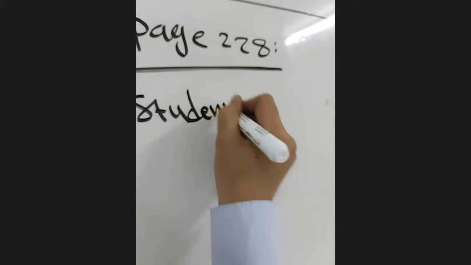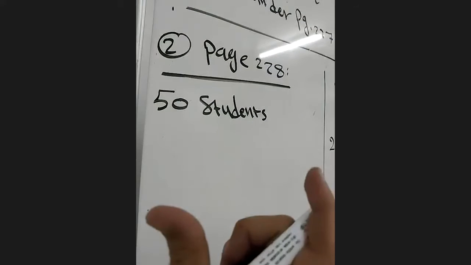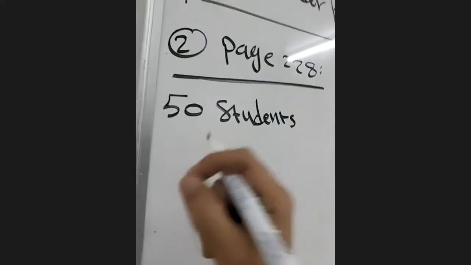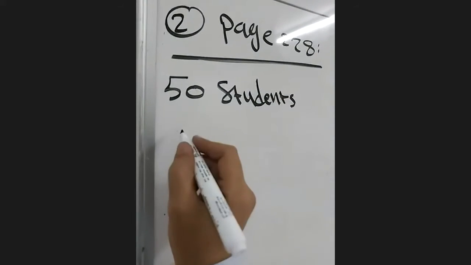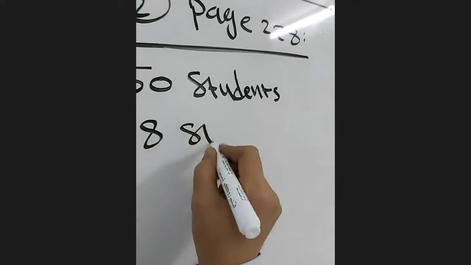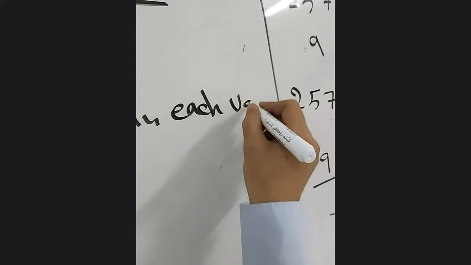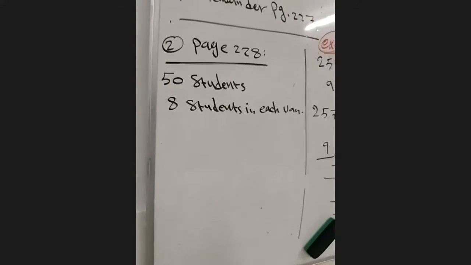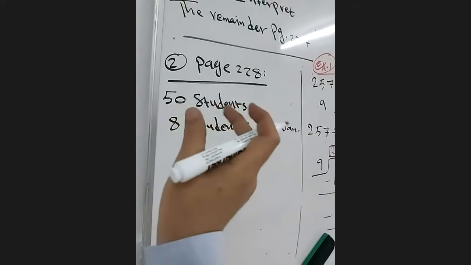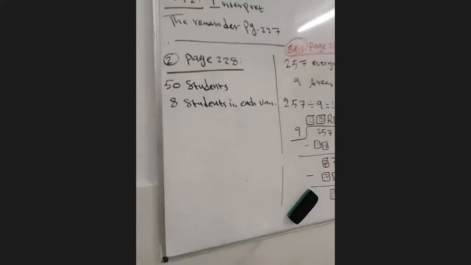In each van, meaning a small bus, like the buses of the schools, how many students can sit? 8 students in each van. The question wants how many vans are needed to let all the 50 students go on the trip.